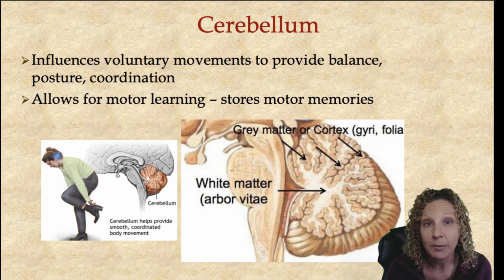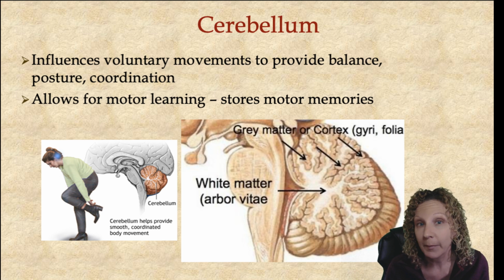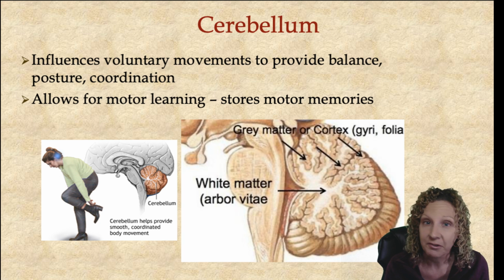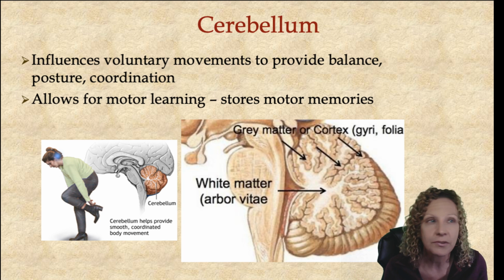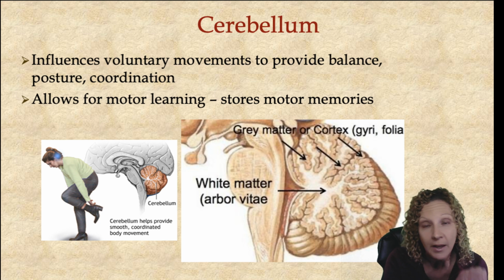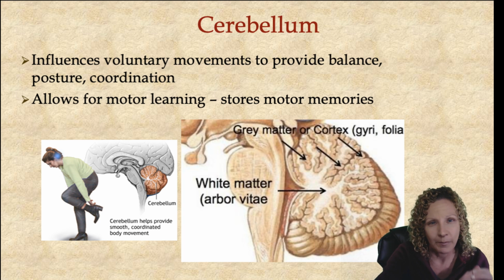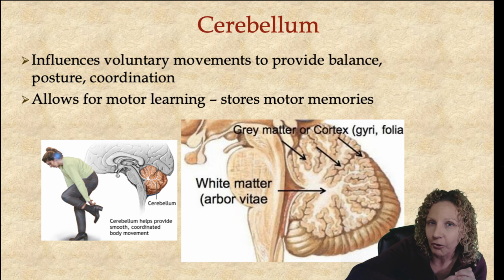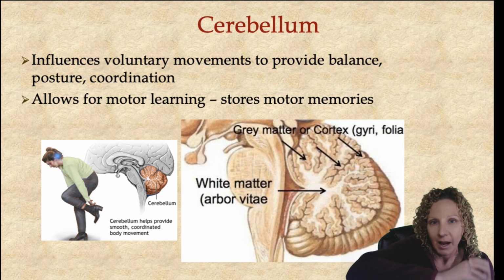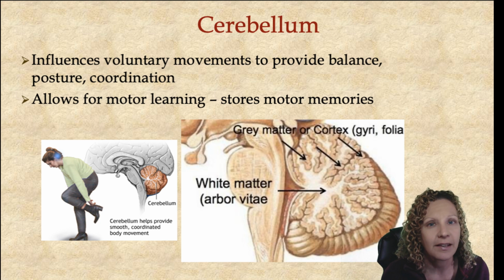It helps to coordinate motor movements, to smooth movements. It's also the area where you can store motor movements, and so sometimes people talk about motor memory. It's called procedural memory. But learning skills to be able to do something like swing a golf club, hit a baseball with a bat, and all those kinds of motions that you need to practice, like you hold your elbow up and the way that you move your wrist and swing through.